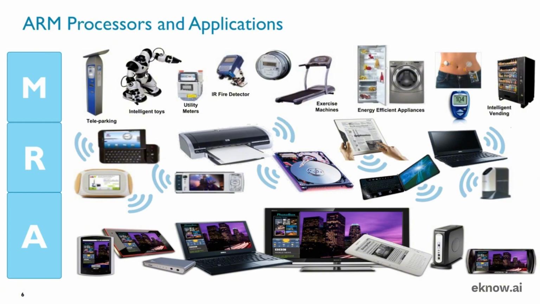R stands for real-time. Look at the devices here, things like printers, hard drives, and networking equipment. These applications have a critical requirement: timing. A real-time processor has to respond to events and complete tasks within a strict, guaranteed deadline. If it's too slow, the system fails.